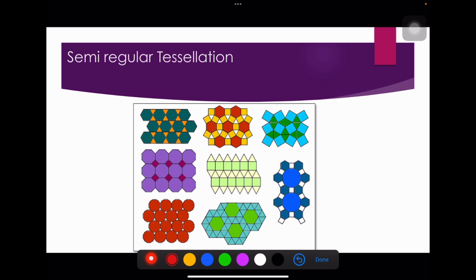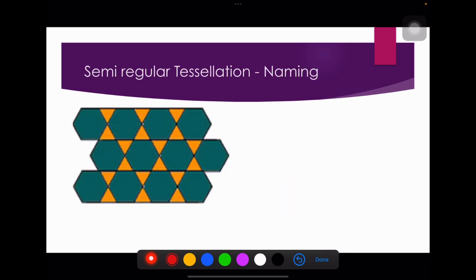Let's look at semi-regular tessellations. Here are some semi-regular tessellations. They are made of 2 or 3 2D shapes or regular polygons. The first one, we need to look at the vertex.